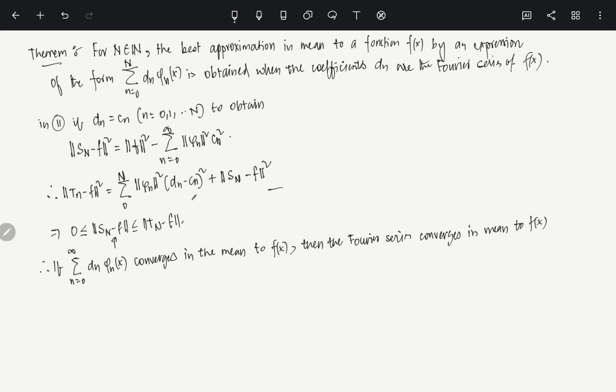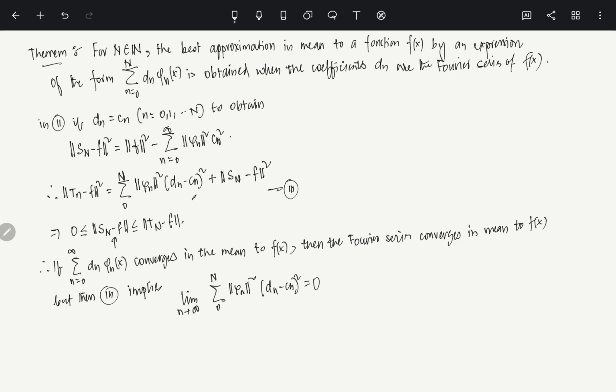Let's just call this thing 3. But then 1 to 3 implies that the limit as n tends to infinity of the summation from 0 to capital N of phi n squared times dn minus cn squared equals 0, right?